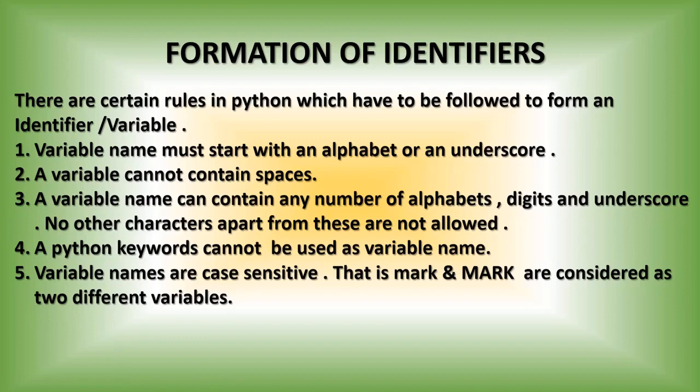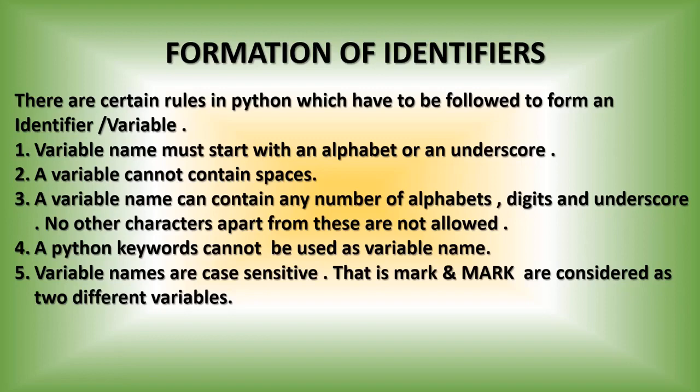Second point: a variable name cannot contain space. A variable name can be a sequence of characters: alphabets, digits, or underscore. A variable name cannot begin with a digit.